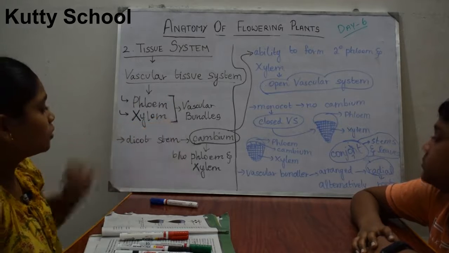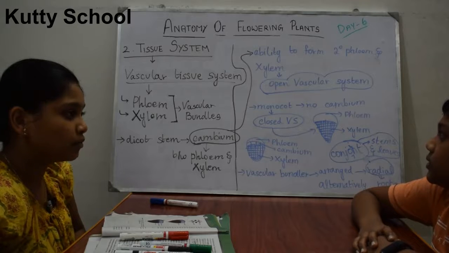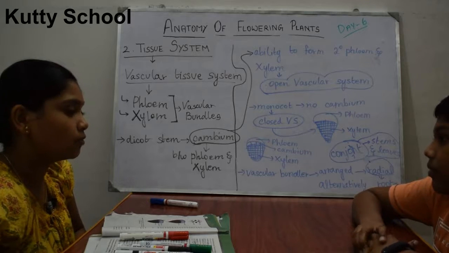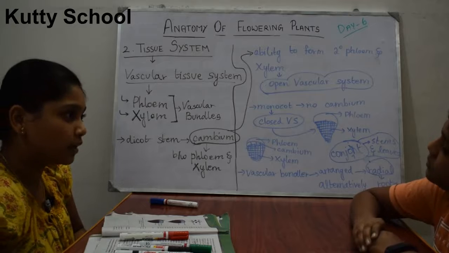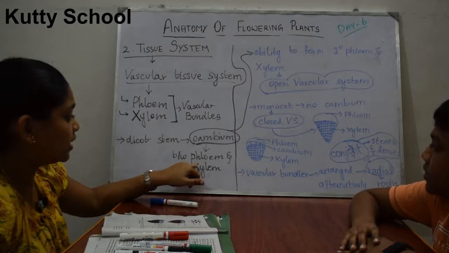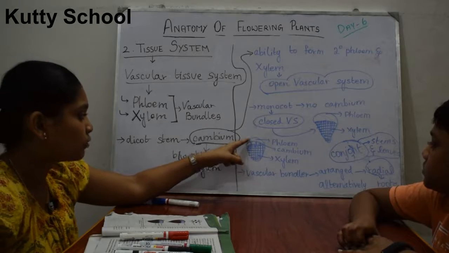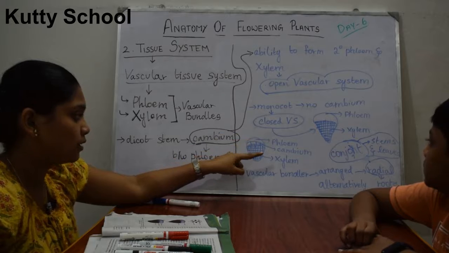Here is the dicot stem, the stem of dicotyledons. Dicot stems have cambium in between xylem and phloem, like this. If this is xylem and this is phloem, they have cambium in between these two.